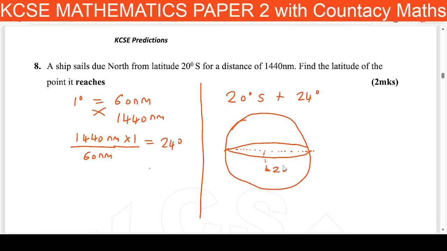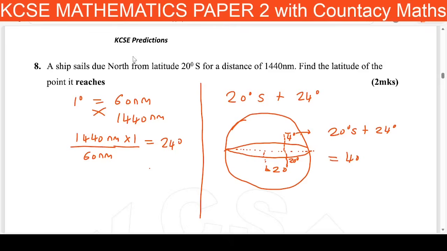Therefore, if it rises 24 degrees, it will have to cover these 20 degrees first, and then another 4 degrees upwards, so that now it will be on 4 degrees north.